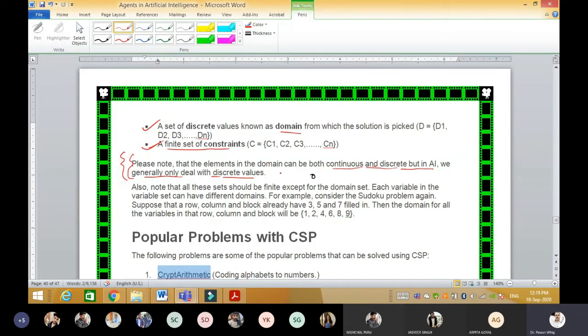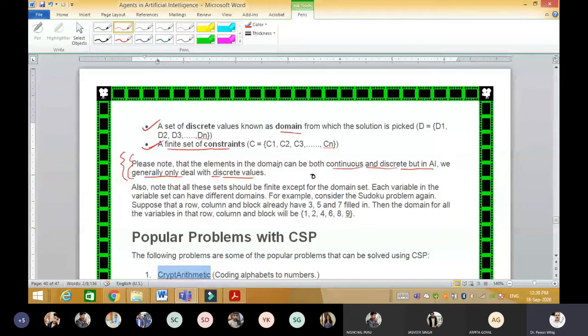But in real life problems, sometimes the constraints that we impose are continuous in nature. While feeding into the machine, we have to convert that continuous condition to a discrete one.